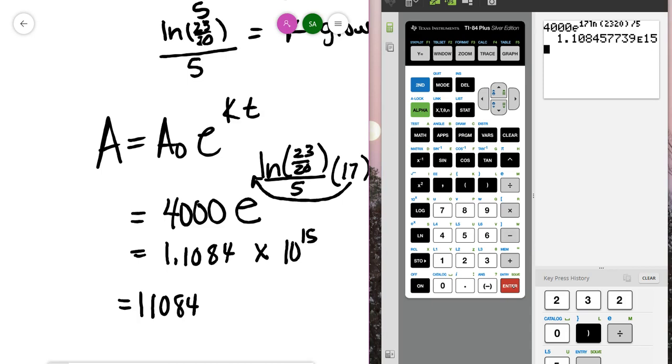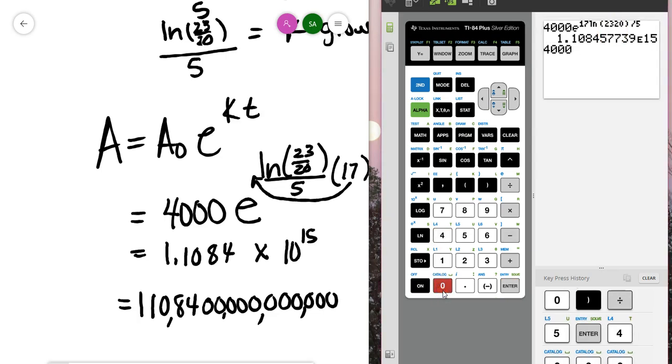All right, that number looks a little bit big. So I'm looking back over at my calculator here and I see that I'm missing a division sign. So let's fix that. Let me type that in again.